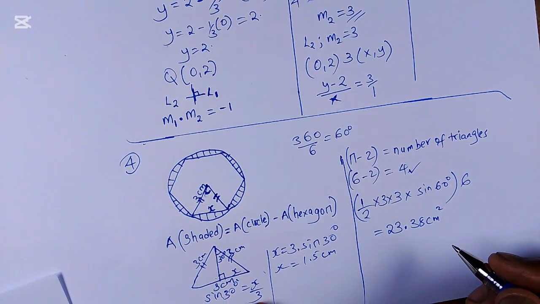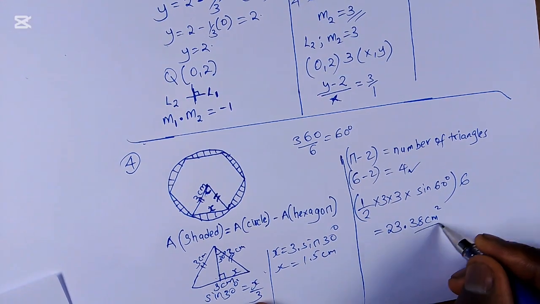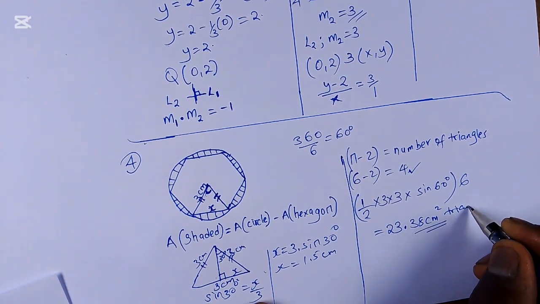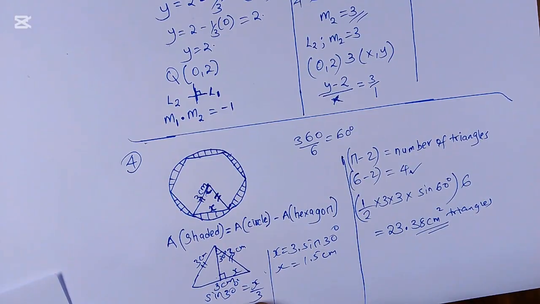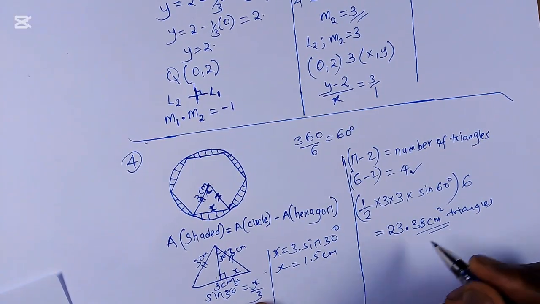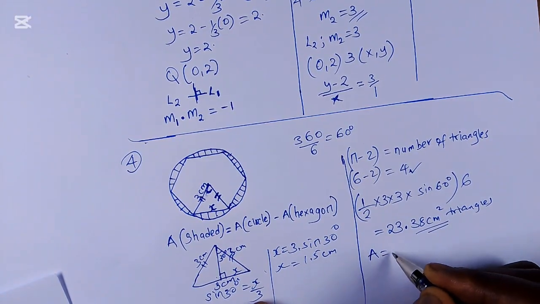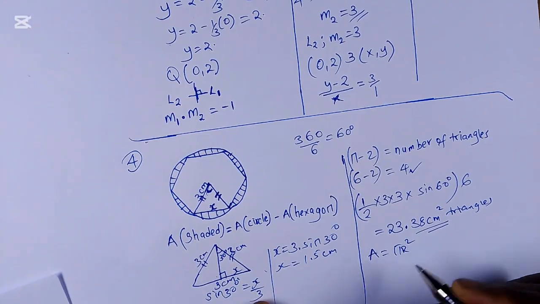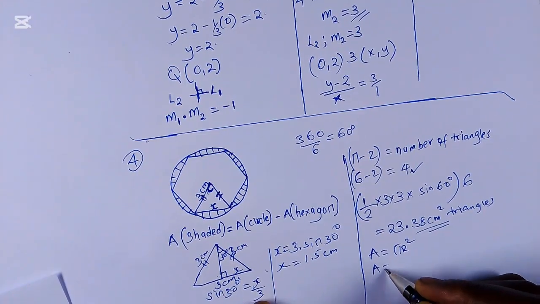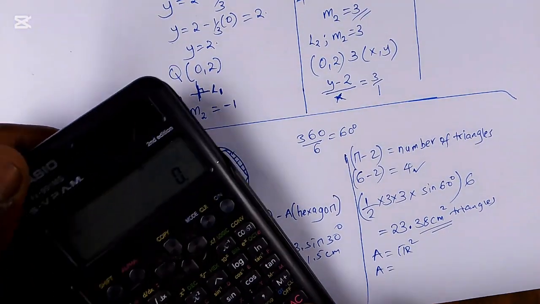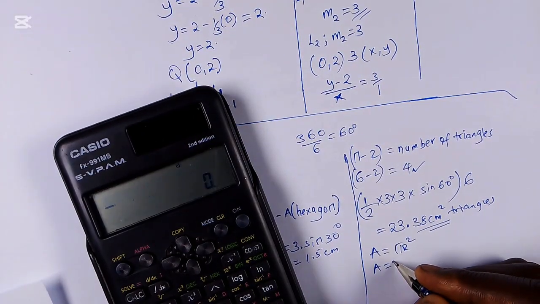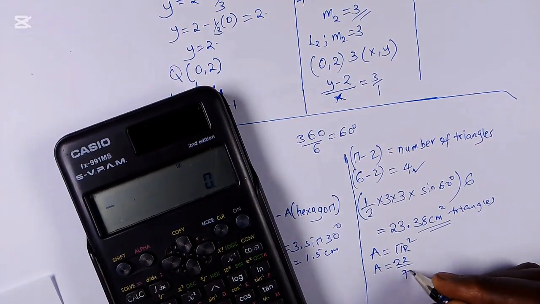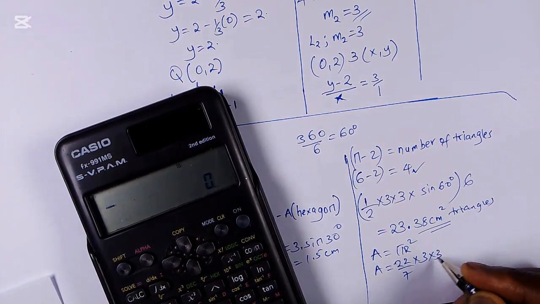Then let us determine the area of the circle. So this is the area of the triangles, and now we need to determine the area of the circle. The area of the circle is pi r squared. So the area will be 22 over 7 multiplied by 3 multiplied by 3.